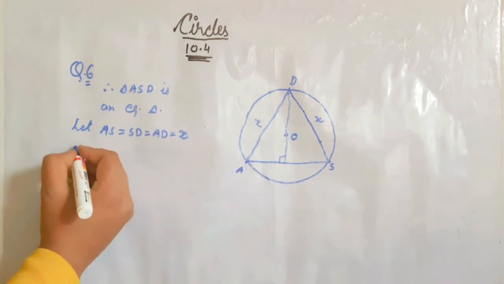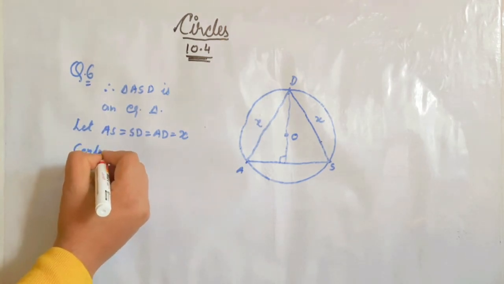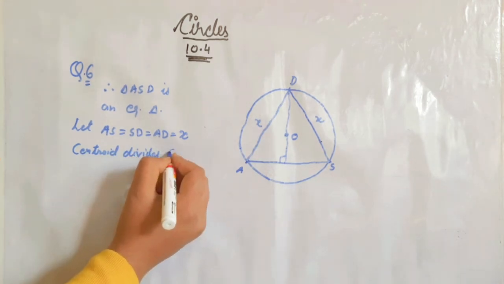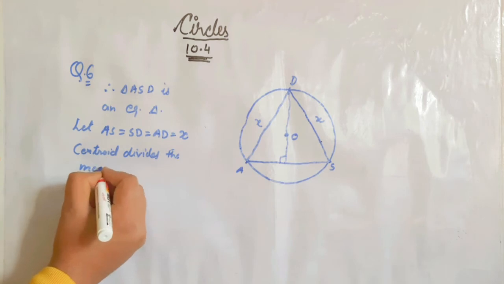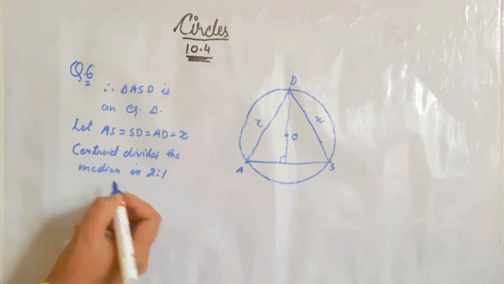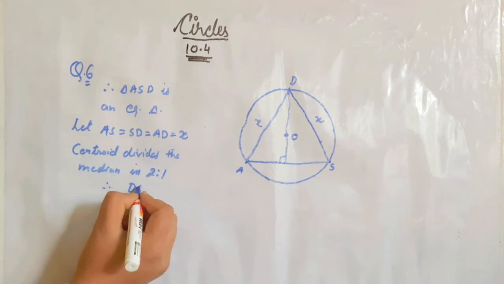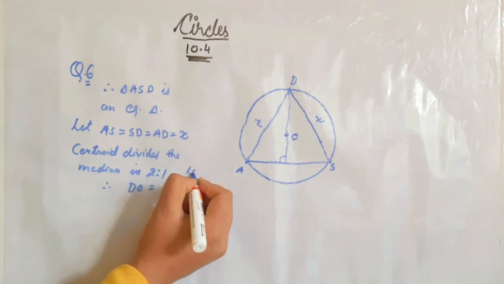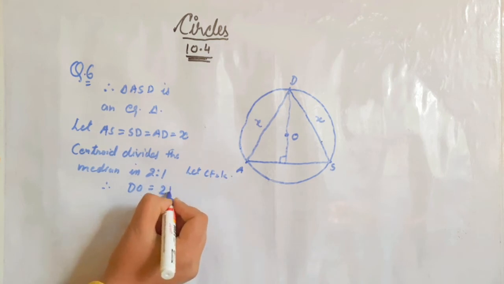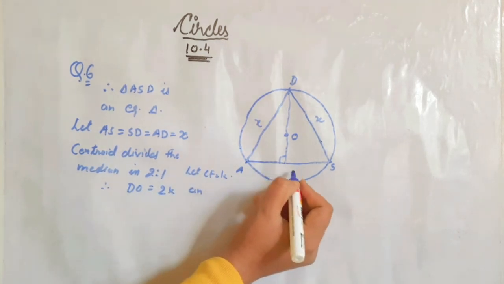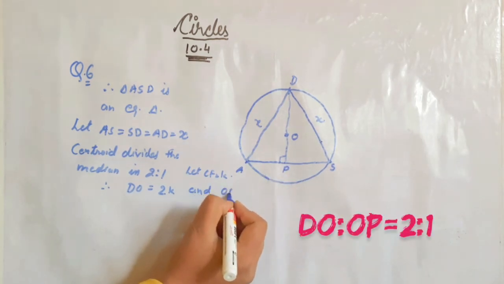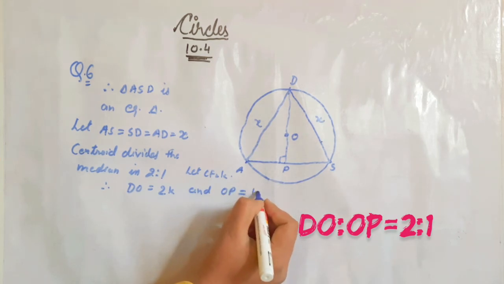And we know that the centroid divides the median in 2:1. Therefore, if the common factor is K, then DO will be equal to 2K, and if the perpendicular point is P, then OP is equal to K.